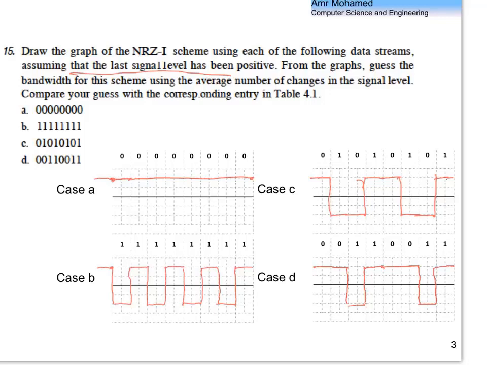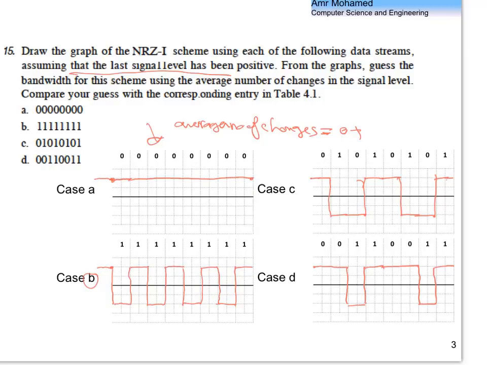So the second part of the question is to calculate the average number of changes. How many changes are here? The number of changes here is actually 0. So the average number of changes equals 0 plus, for case B, 1, 2, 3, 4, 5, 6, 7, 8.